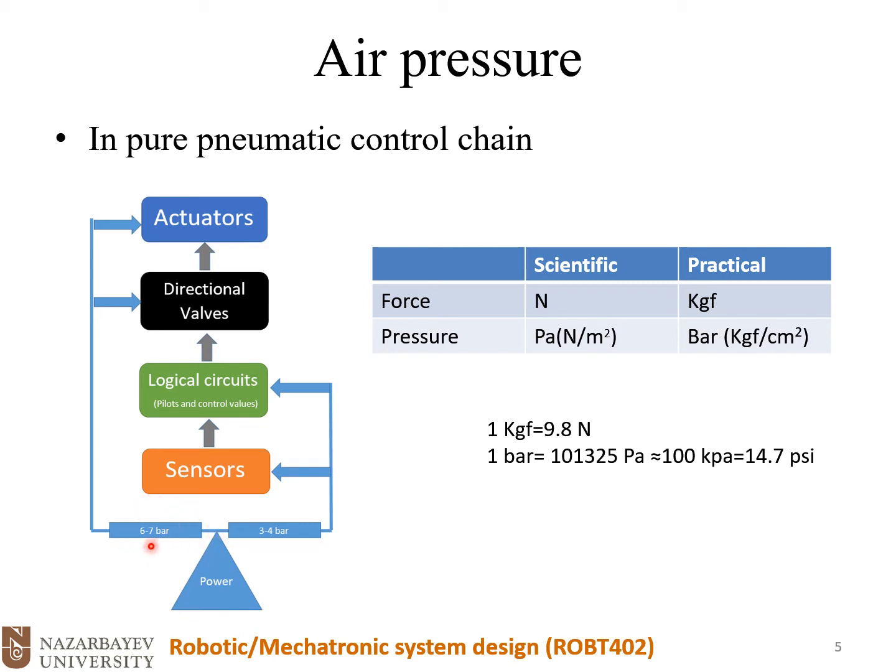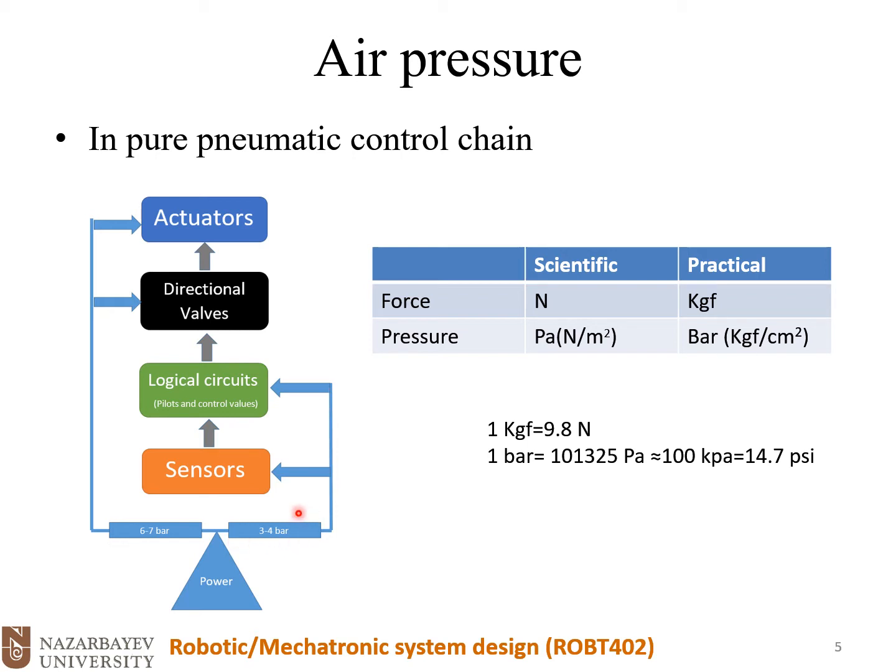We usually have between 6 to 7 bar pressure for the main parts. So what are the main parts? Directional valves and actuators. We need a higher pressure to provide the proper force and power at the output.